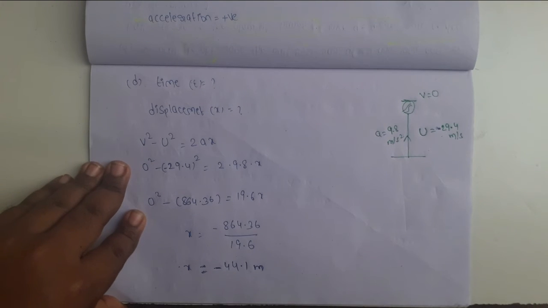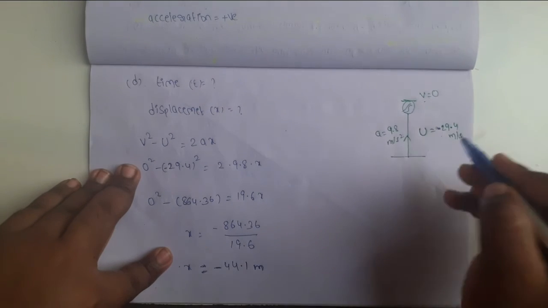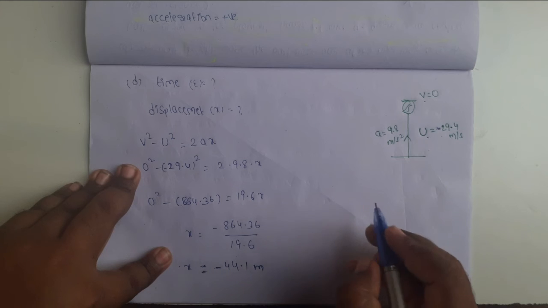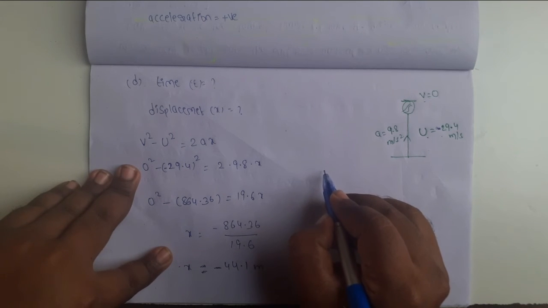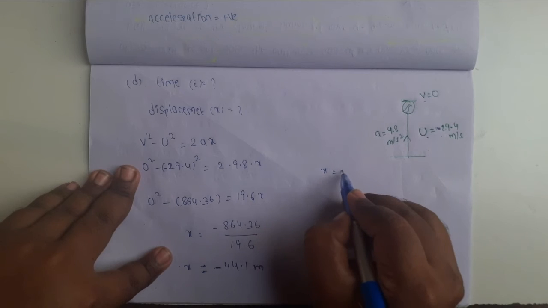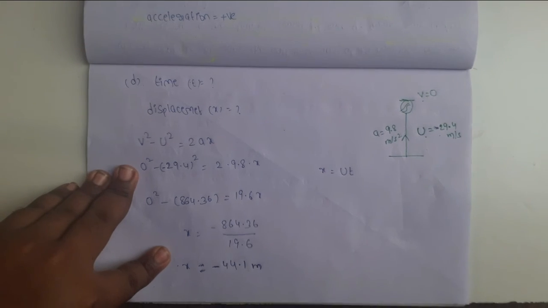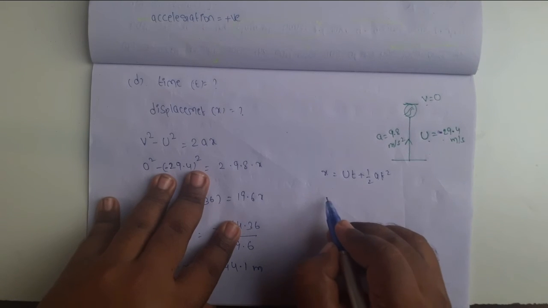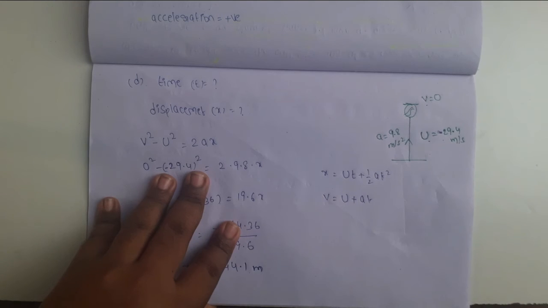So we know the displacement value, final velocity, initial velocity value, and acceleration value. We can easily find the time value by using the equation of motion x equals ut plus half at squared, and also another equation, v equals u plus at.